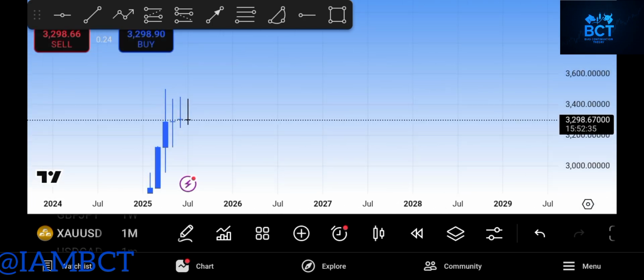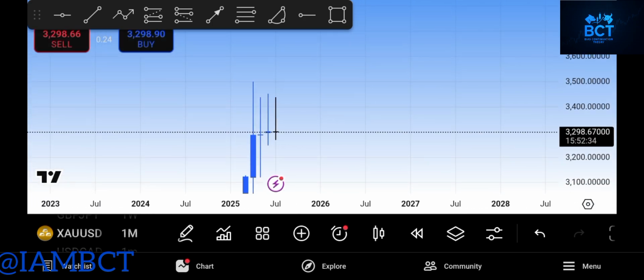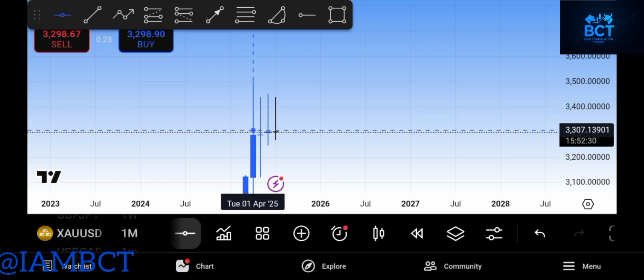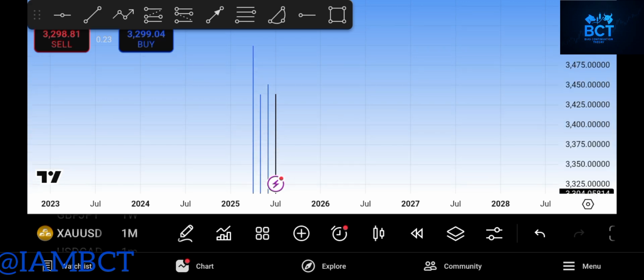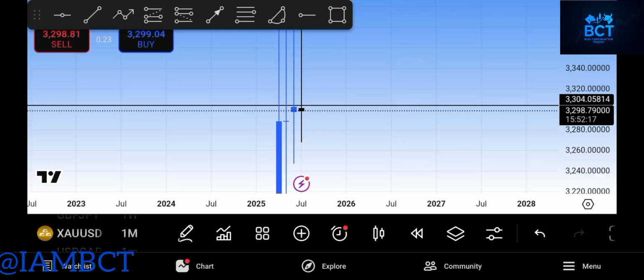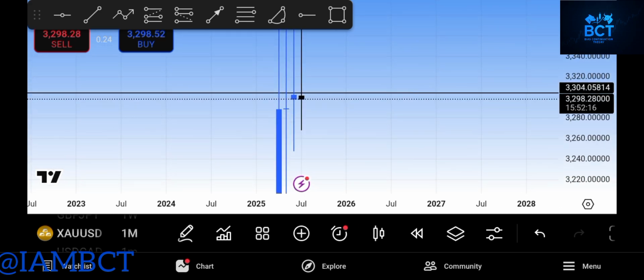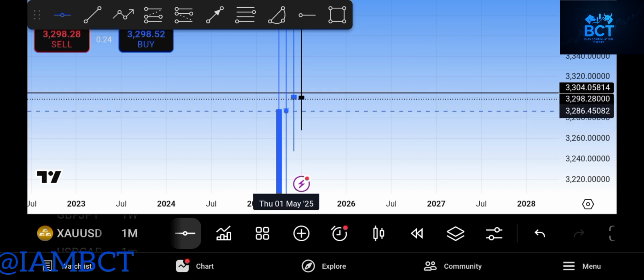So as you can see, this month's candle is closing like other months' candles, so bearish, and surprisingly it's closing below the zone. And after here we expect price to react again from the zone.